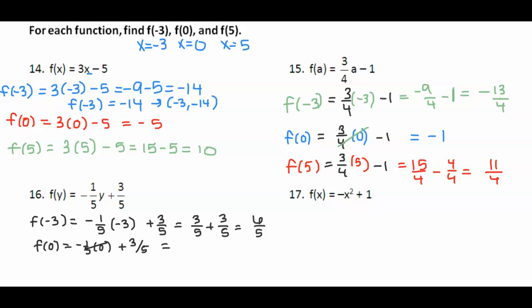Well, anything times 0 is 0. So we get 3/5. And plug in 5. And 5 times -1/5, those are multiplicative inverses. So you get -1 plus 3/5, so -2/5.